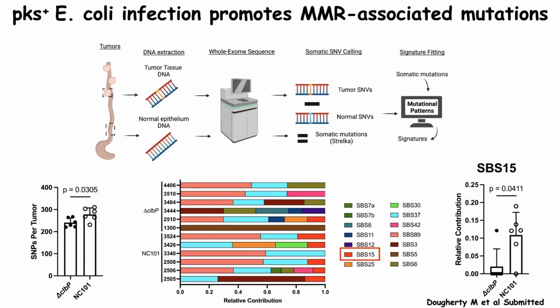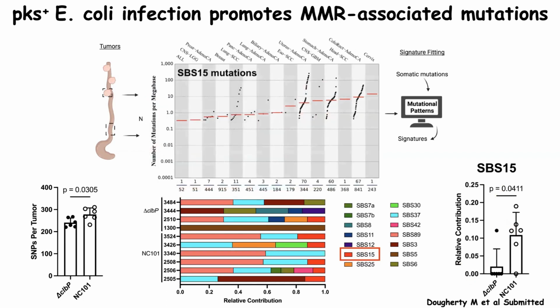So SBS15 is characteristic of tumors produced by NC101. That was an interesting observation. And you could see here that this SBS15 mutation is predominantly seen in colorectal cancer. This is the prevalence. It's the highest prevalence compared to other forms of cancer.